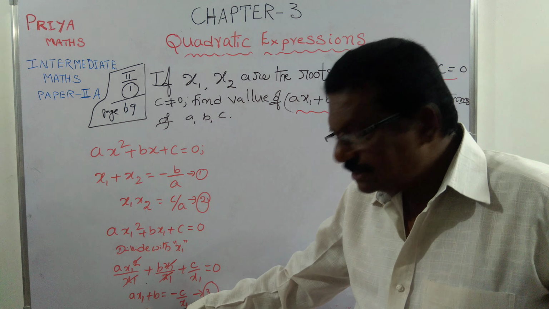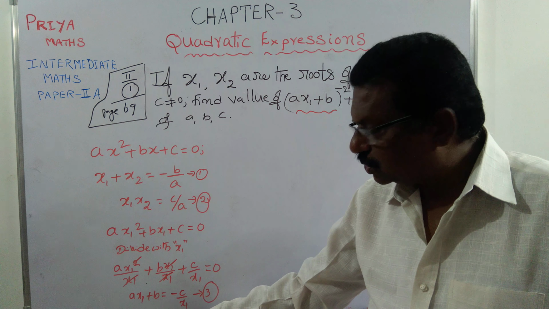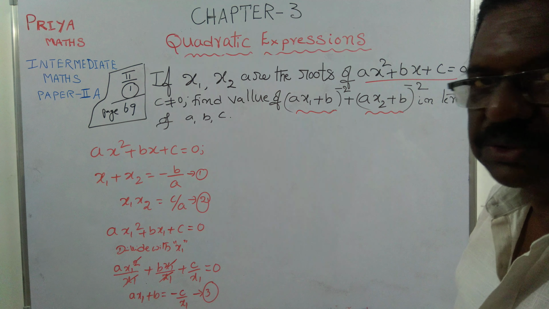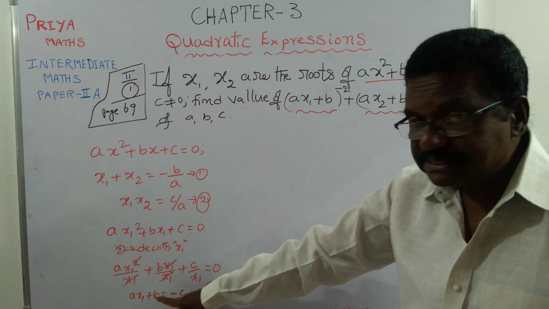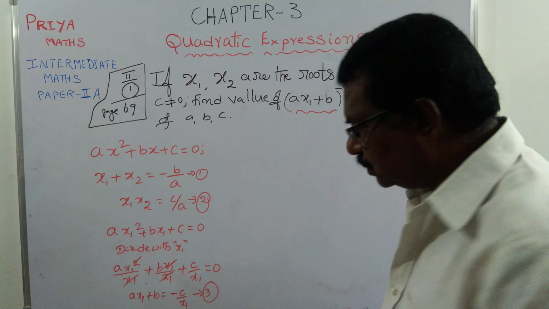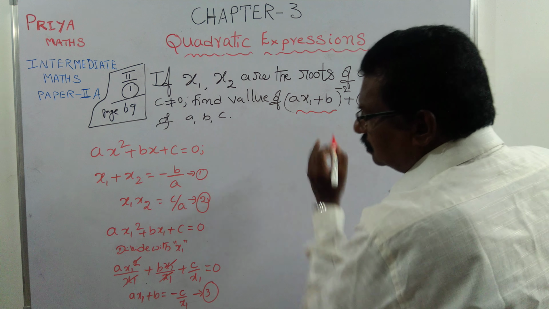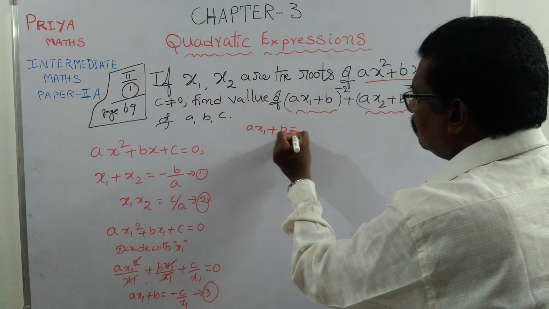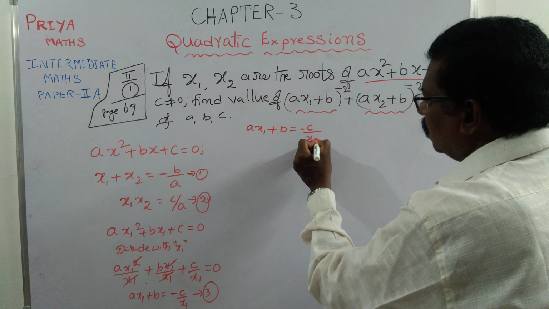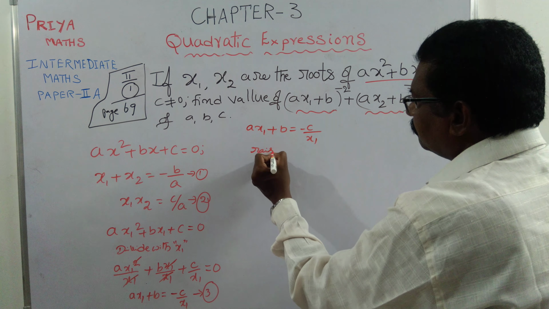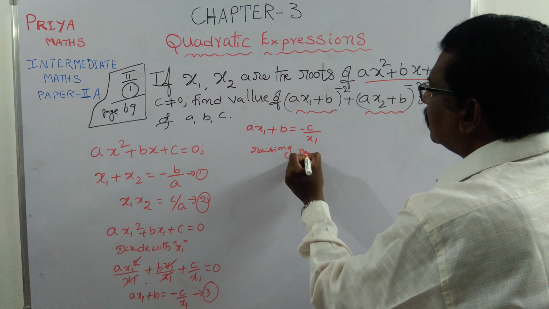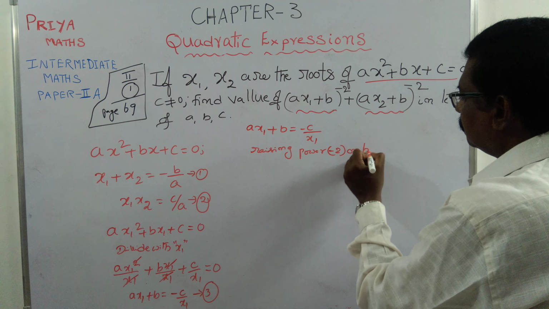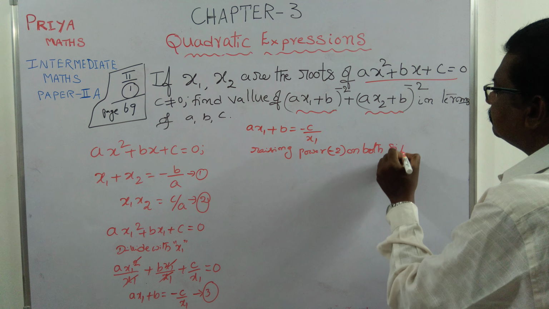So raise the power minus 2 on both sides. Clear? We need (ax1 plus b) whole to the power of minus 2, that is why we raise the power minus 2 on both sides. ax1 plus b is equal to minus c by x1, raising power minus 2 on both sides.